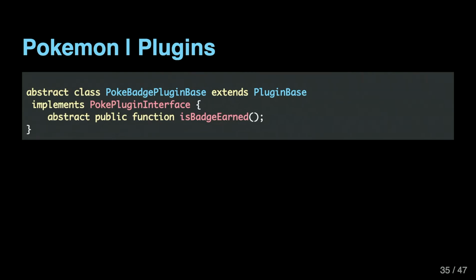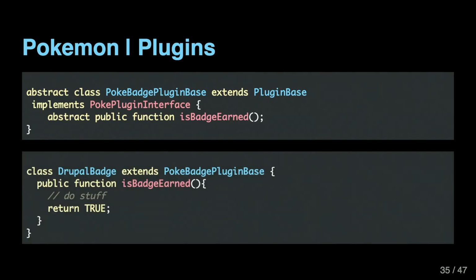Let's say we've also created that. And what this has is an abstract function called isTheBadgeEarned. And so, when we create that custom plugin called Drupal badge, we extend the plugin base that we created that comes with all of the other things like the interface, the plugin manager, and we basically implement that badge earned function.